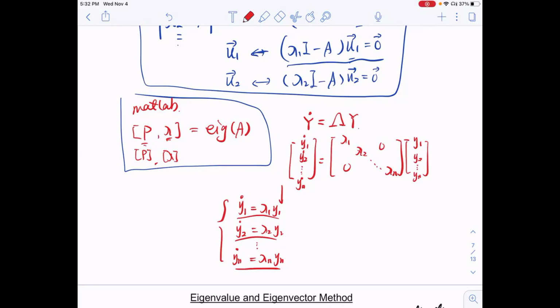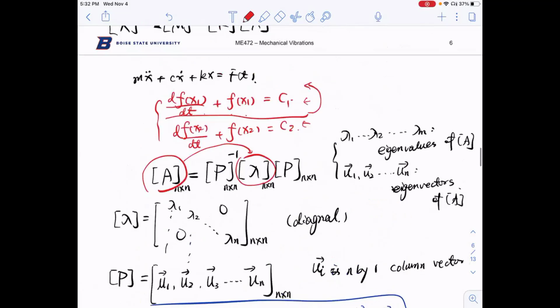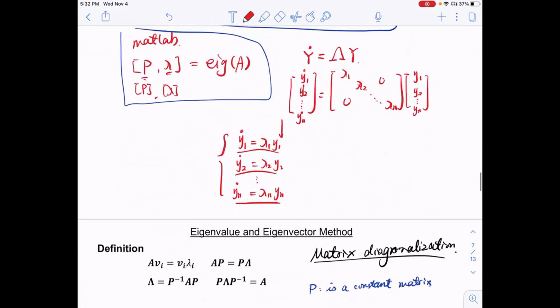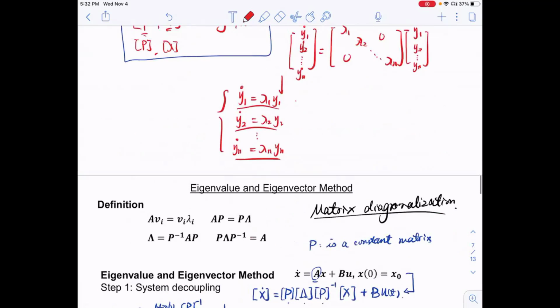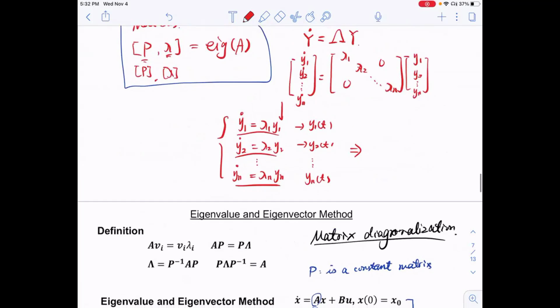So then you can use whatever we learned previously for the first degree of freedom systems. You can find your y1(t), you can find your y2(t), you solve them separately, yn(t), and then you plug them back into your y matrix. Your y will be y1(t), y2(t), all the way to yn(t), right?